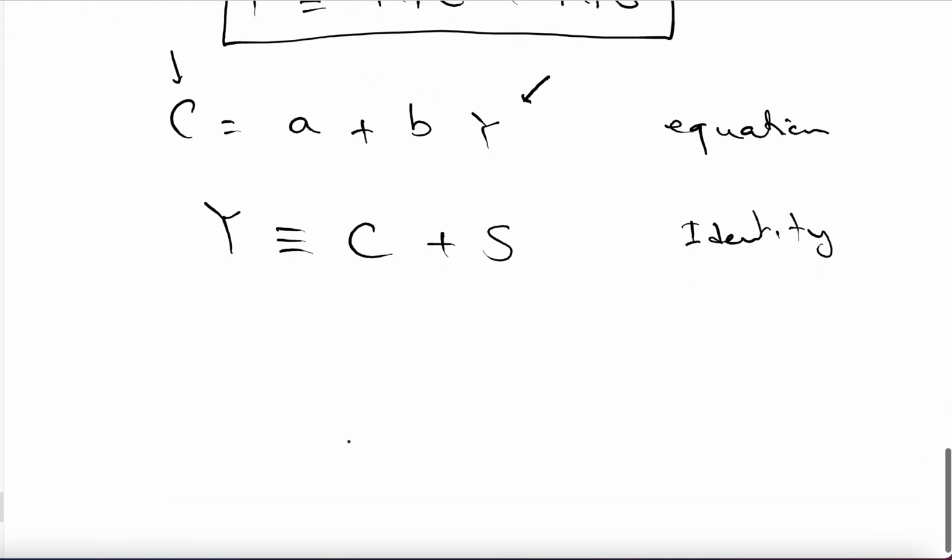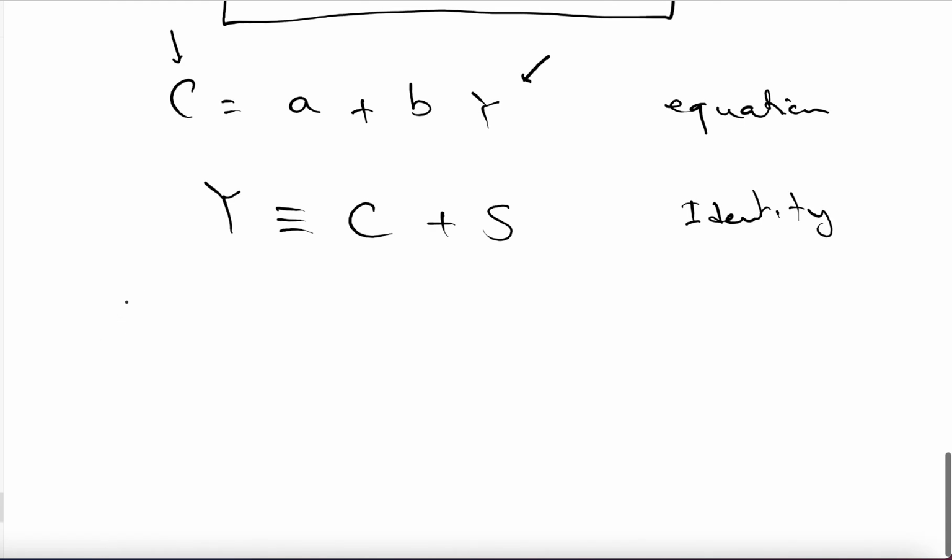Let me give some examples. An equation: x minus 5 equals 0. What is x? For only some values is this true. If x equals 5, this is true. For any other value of x, it becomes unequal.